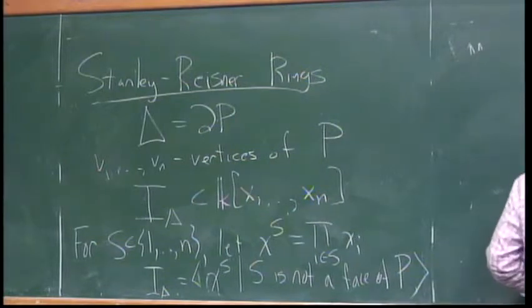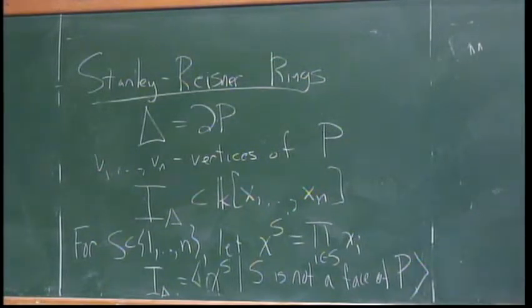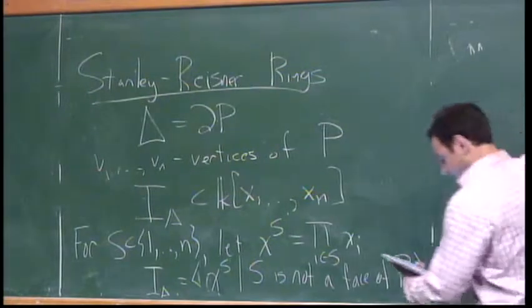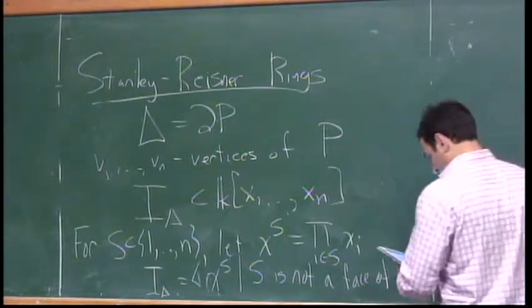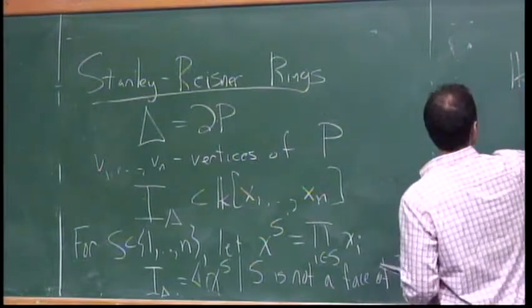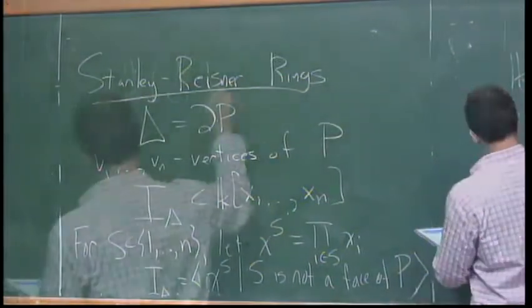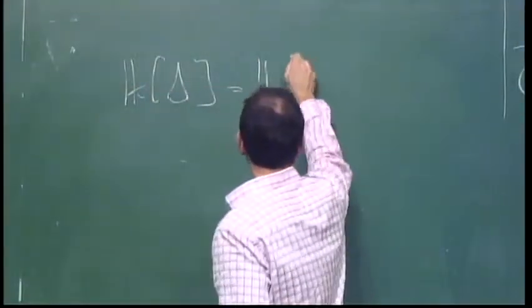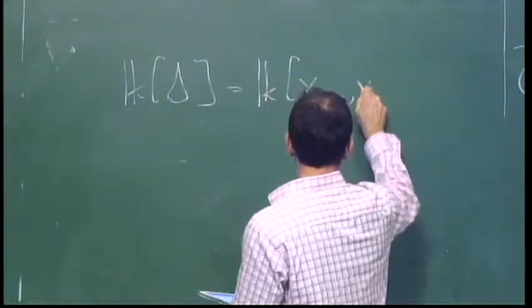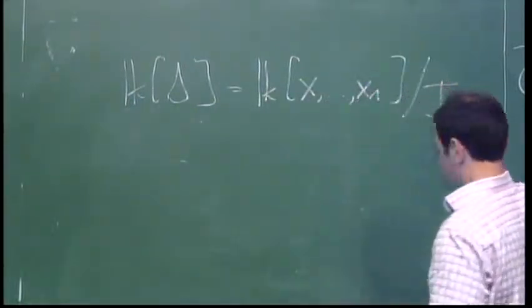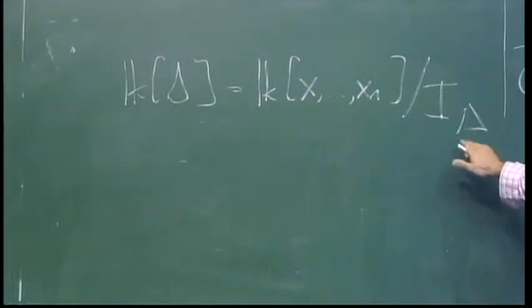So that means the square-free monomials in the Stanley-Reisner ring correspond to faces of the polytope. And because the non-face ideal is a graded ideal, the Stanley-Reisner ring is a graded ring.